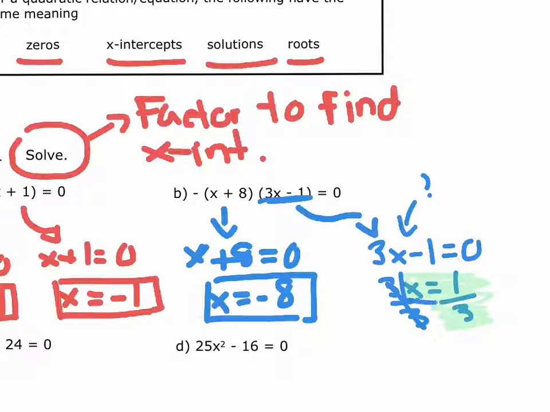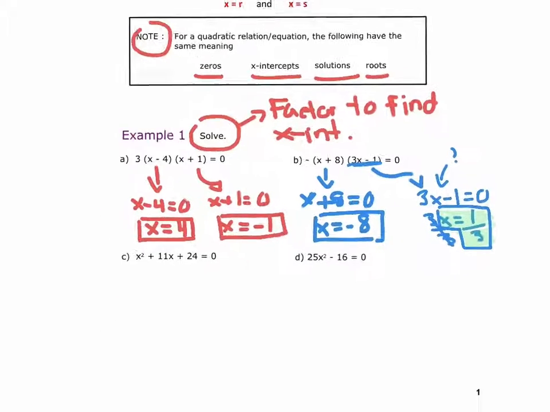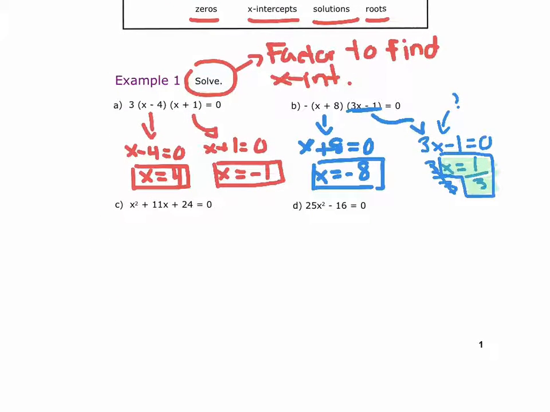Now, they're not always going to be given to you in factored form. Sometimes you're going to have to factor them yourself. So step 1 might be to factor.